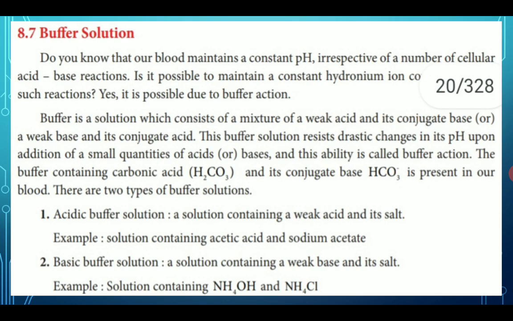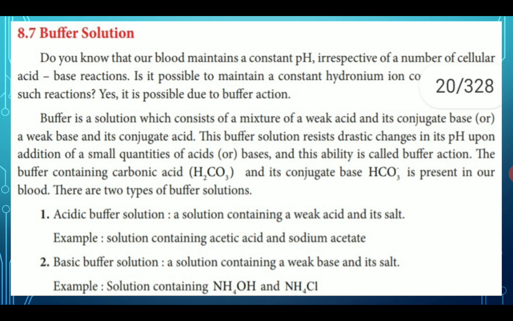Then buffer solution. What do you mean by buffer? See, our blood maintains a constant pH, which is also considered a buffer solution, irrespective of the number of cellular acid-base reactions. It is possible to maintain constant hydronium ion concentration. Such reactions are possible due to buffer action.